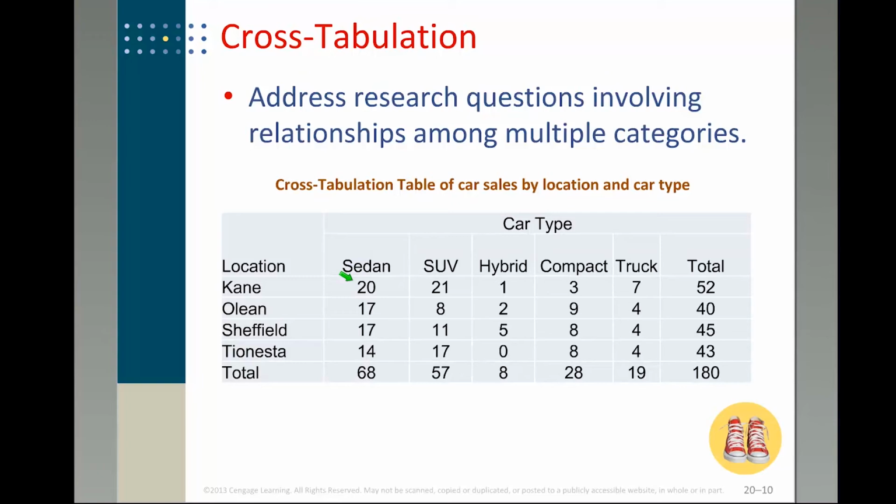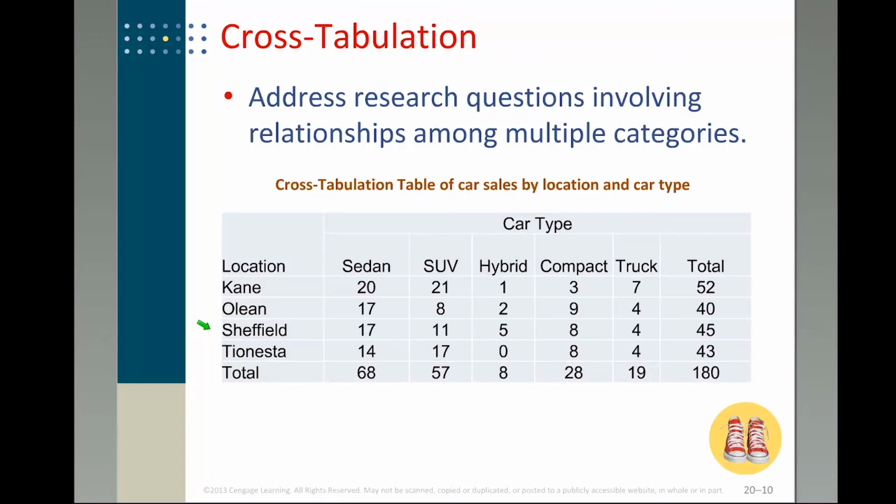For example, apparently here, for Kane, they sold 20 sedans last month and 21 SUVs last month. And by cross-tabulation, you can also find some patterns. At least, for example, for a few of the locations, including Kane, Honesta, and probably Sheffield somewhat, they sell more SUVs than sedans, not Sheffield.